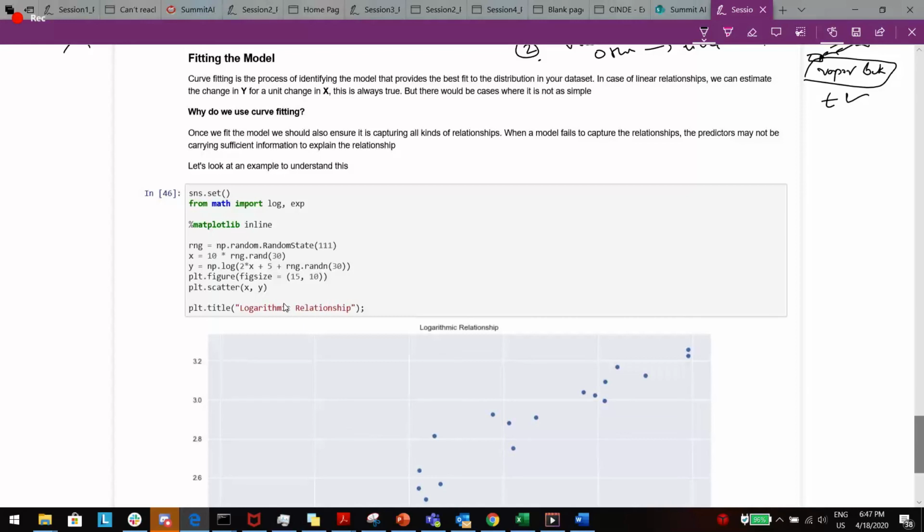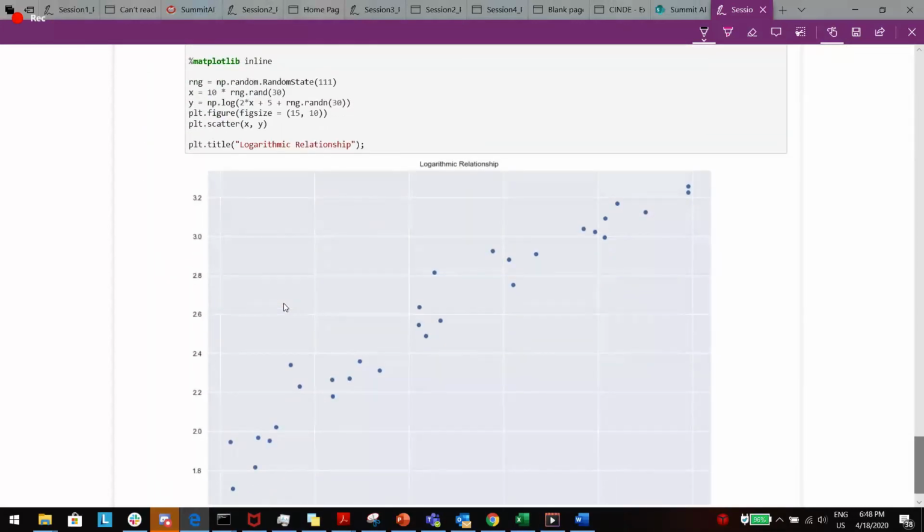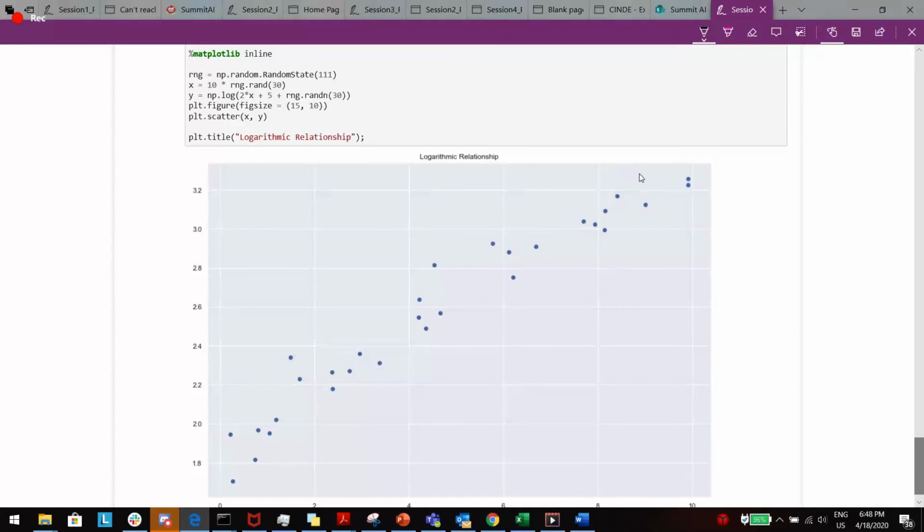We cannot just say, these are my x variables, this is my y variable, and I'll do an OLS regression, fit this and forget about everything else. That is not the case. First and foremost, you need to understand the nature of your fit.